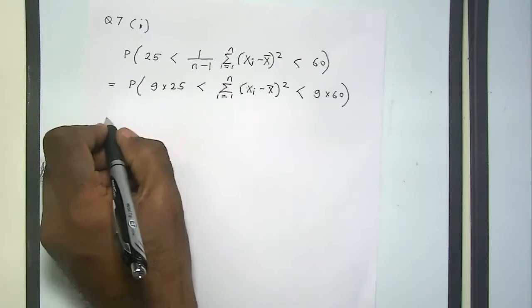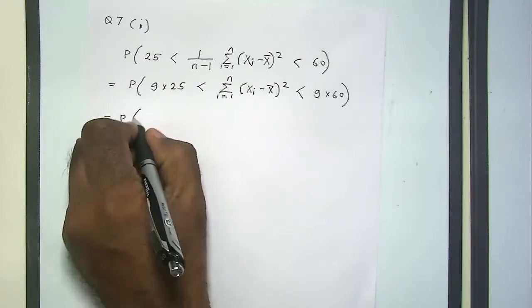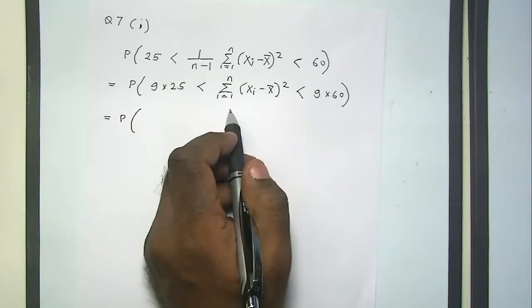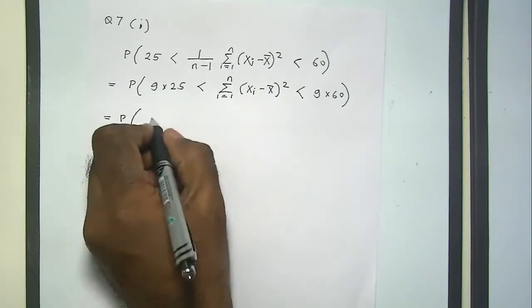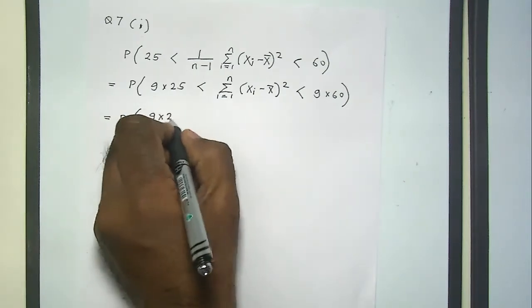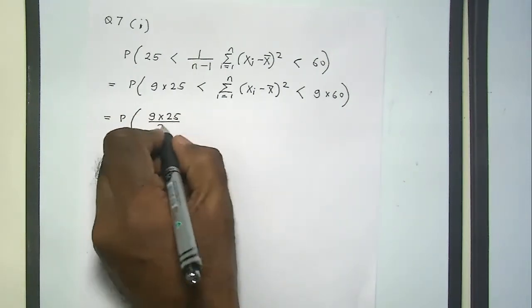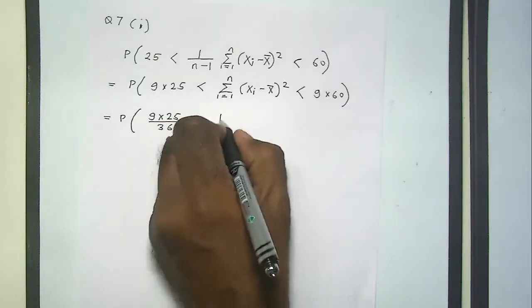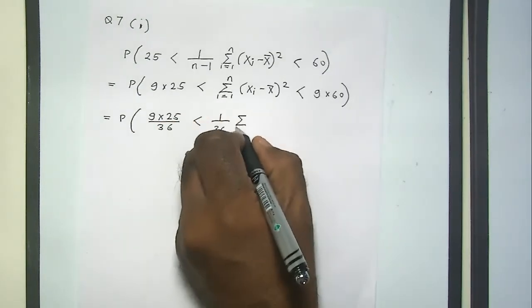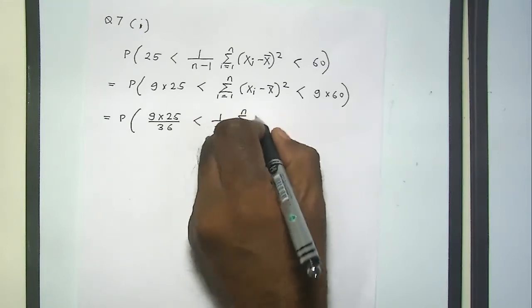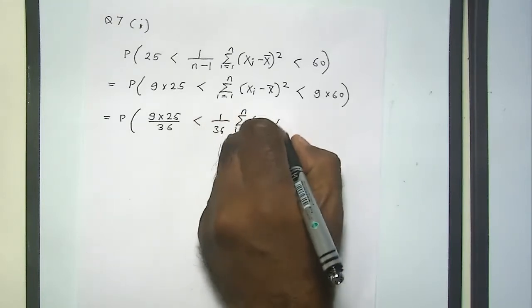Now, if you look at the question, guys, it says you have a random sample of 10 from a normal with mean 48 and variance 36. So I'm going to divide by 36, which is the sigma squared, or the variance. You'll see in a minute why I'm doing this.